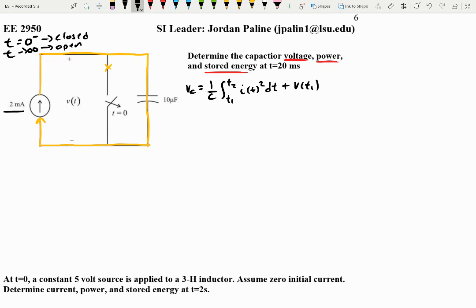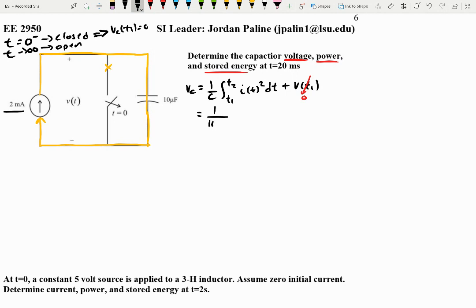But we know initially, because it was closed, therefore V of C at time 1 is equal to 0 because there was no current flowing through it. You can't store anything. So that will go to 0.